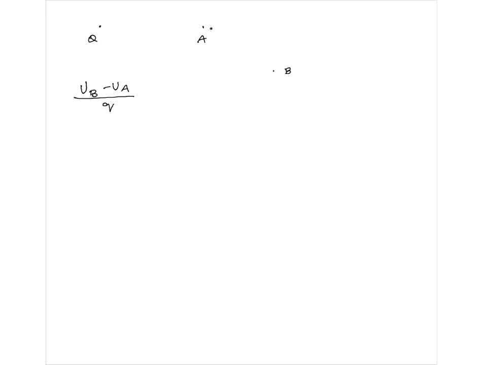So when q was here, the system had this much potential energy. When q is here, the system had this much potential energy. Change in potential energy per unit test charge is called potential difference between the 2 points due to all other charges.